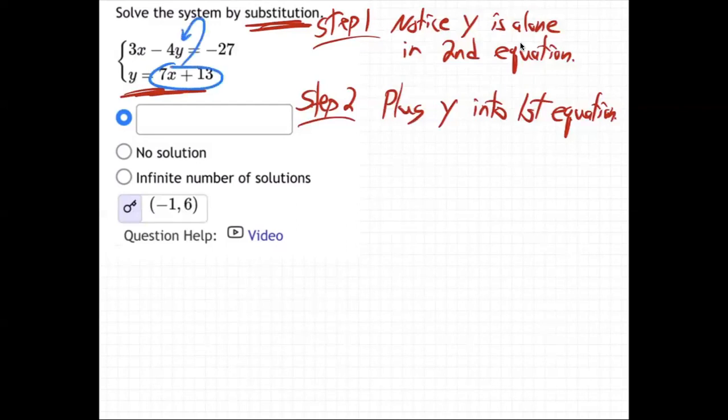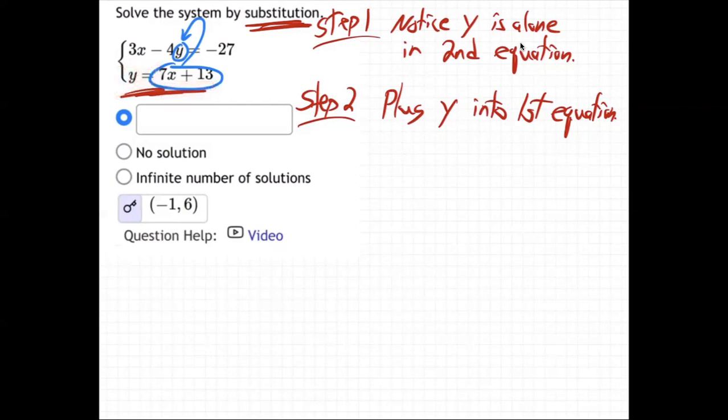So I'm going to plug that in right there for y, right? Because this says y equals 7x plus 13. So that means wherever we see y, we're able to replace it with 7x plus 13, because y is equal to 7x plus 13. It's the same as 7x plus 13.